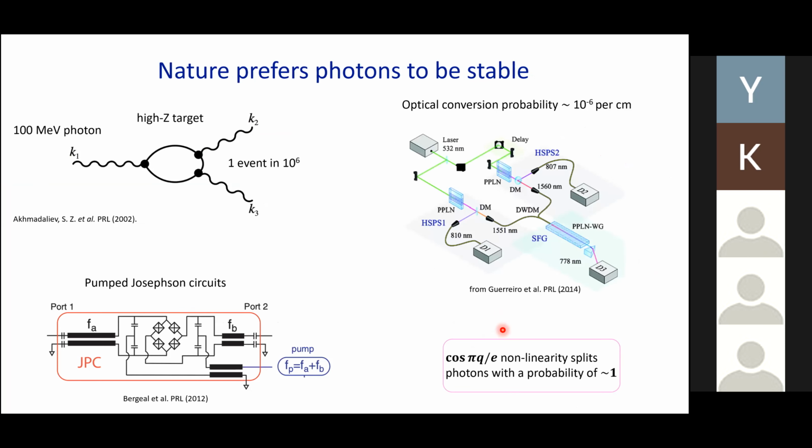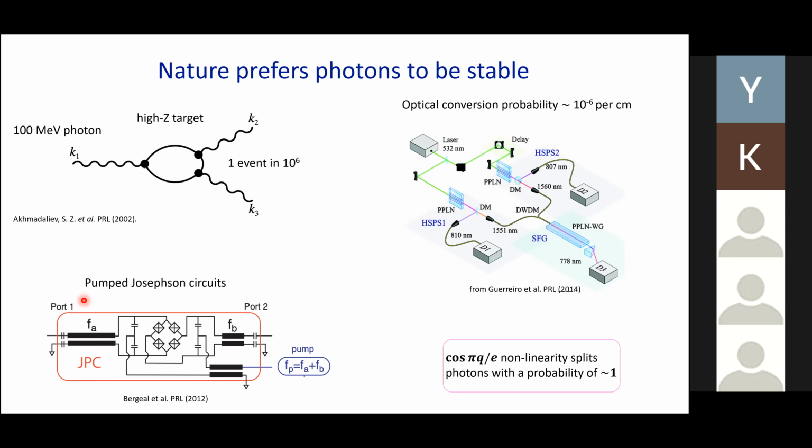At this point, I want to make a quick note about this inelastic process. Of course, there are many inelastic effects in nature. As soon as some sort of nonlinearity is present, a photon will split. For example, high energy photons can split in the fields of heavy atoms, and there is the process of spontaneous parametric down conversion in nonlinear crystals.